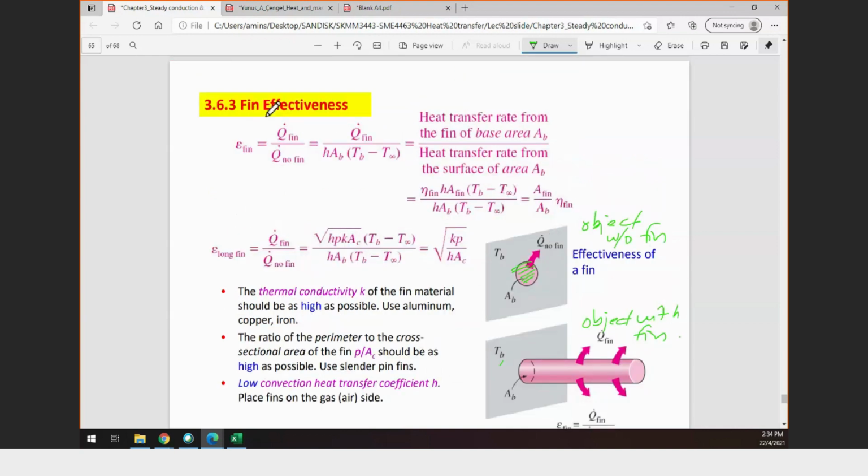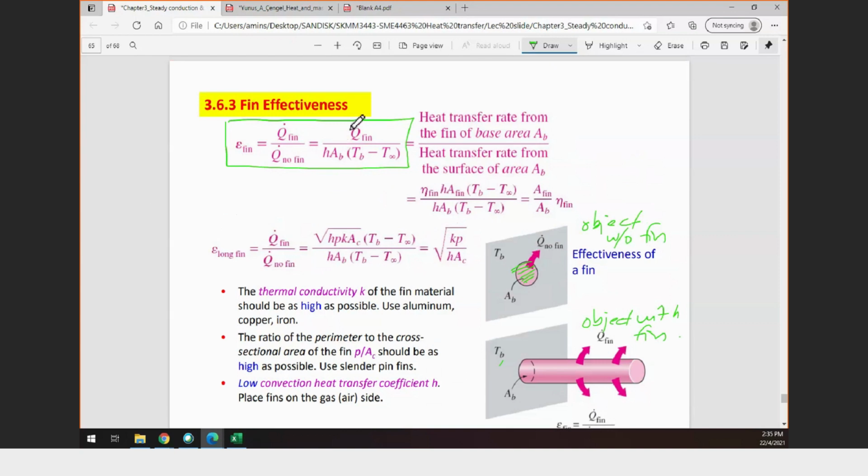So this base area is your reference in order to calculate the heat transfer if the fin is not available in that particular area. The equation is only this. So you can calculate the fin effectiveness on every single geometry of the fin.